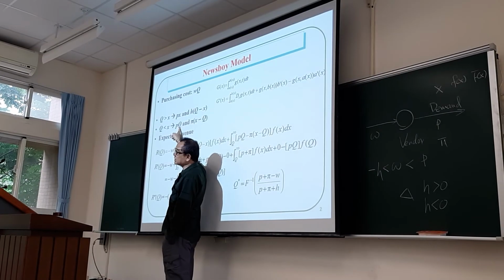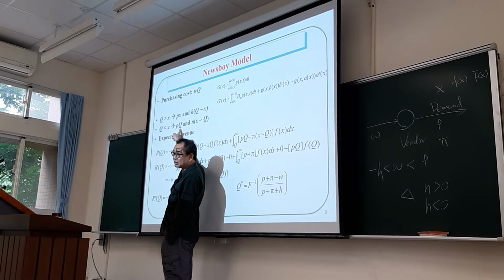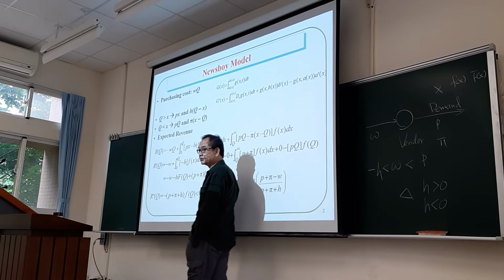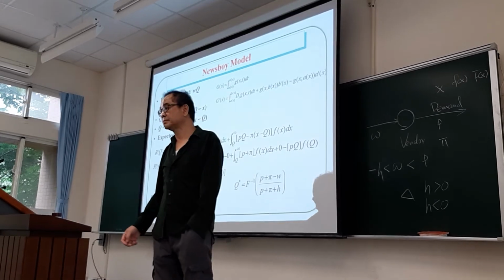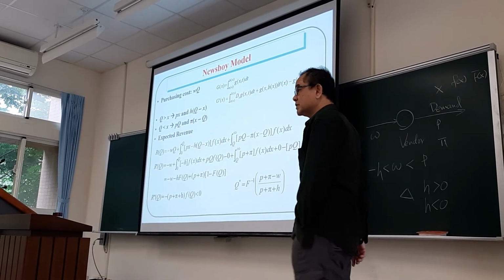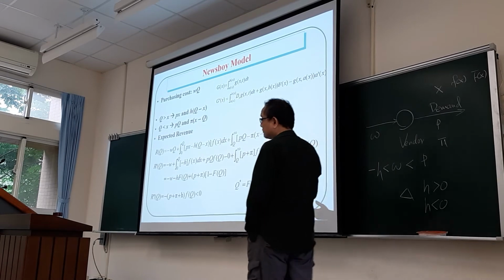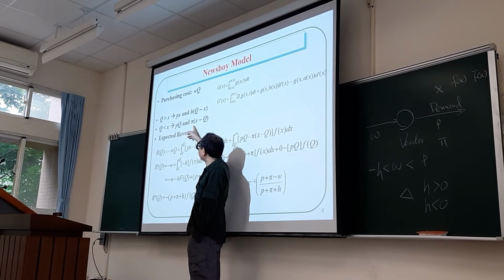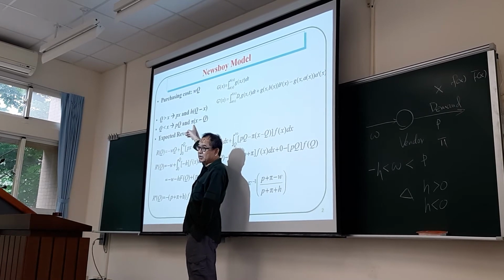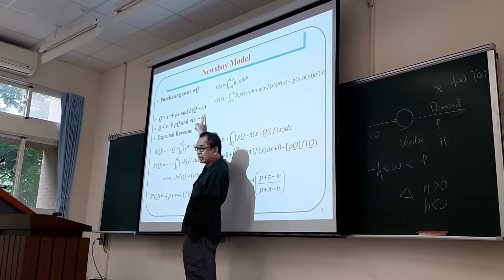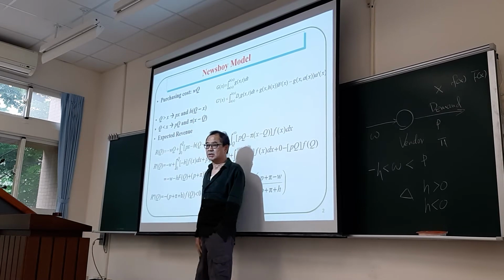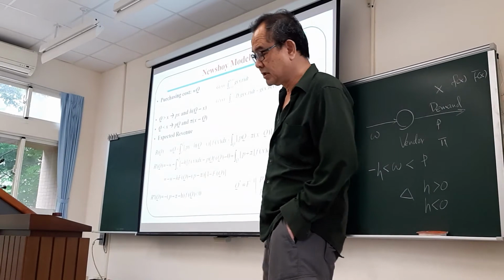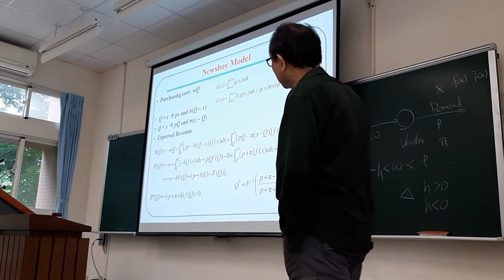Selling price times the order quantity, right? Since we have some demand unsatisfied, we need to pay for the shortage cost. The shortage cost is based on the difference between the order quantity and demand.